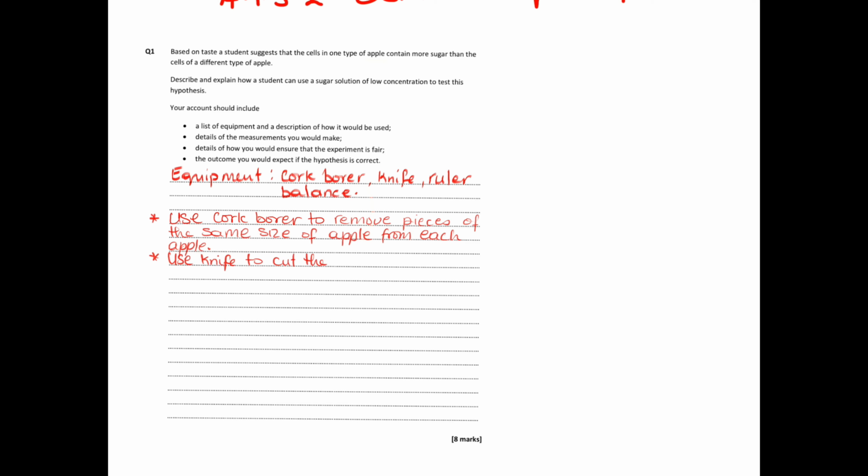Use a knife to remove the skin of the apple, as the apple skin is not permeable to water, so the water won't go through it, which would affect the rate of osmosis.